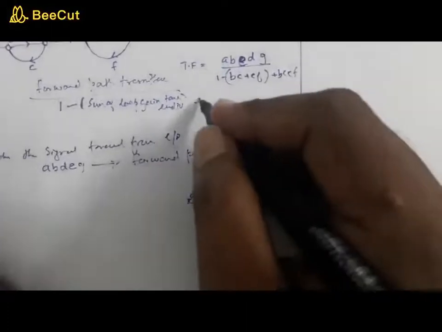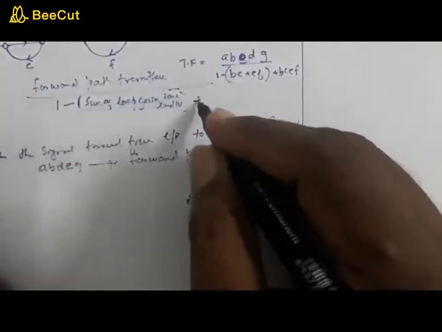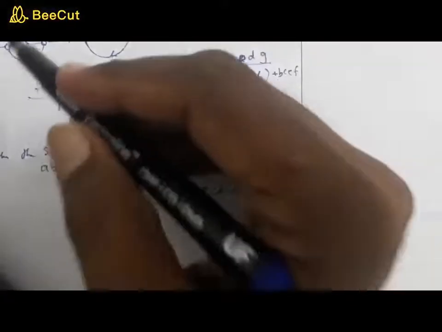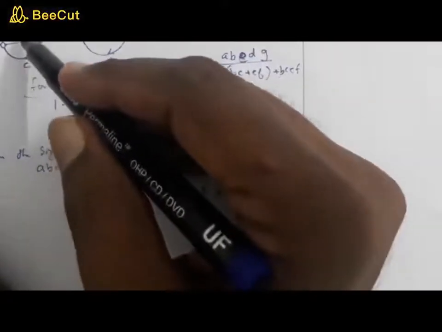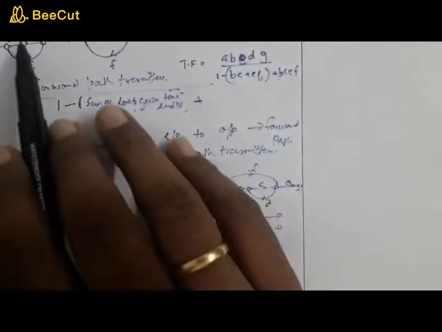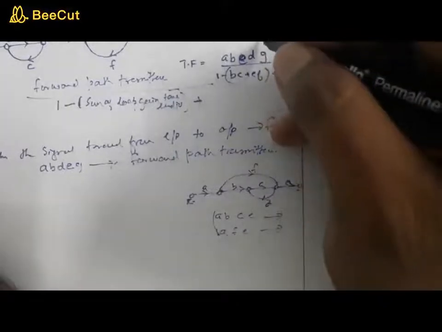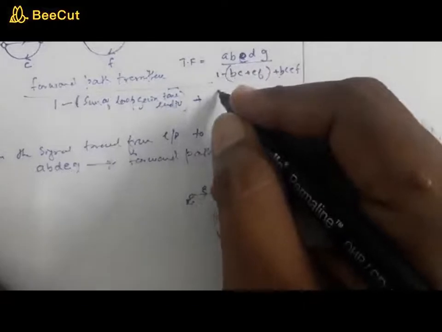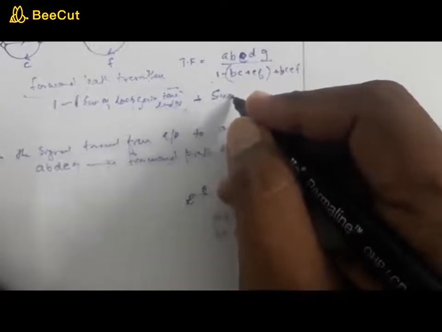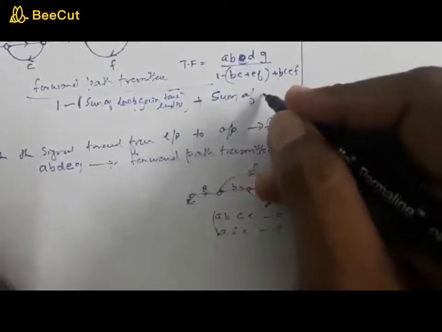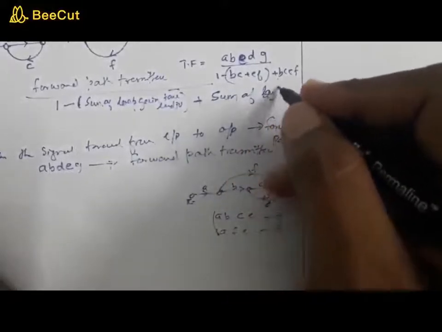Now coming to the next one, that is 1 minus the sum of loop gains, then comes a plus BCEF. And what is BCEF? BCEF is the product of the loop transmittances. One transmittance is BC, the other is EF. So it is the product BCEF, and we call it the sum of non-touching loop gains taken 2 at a time.